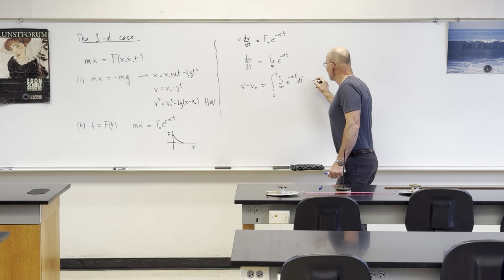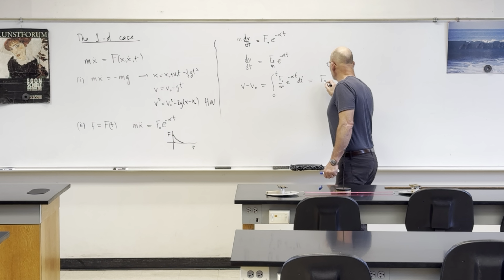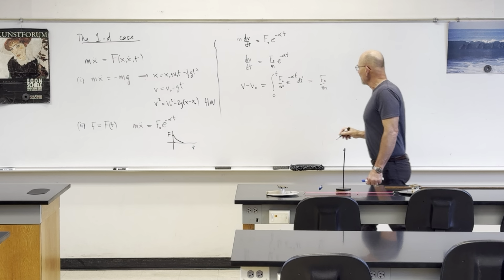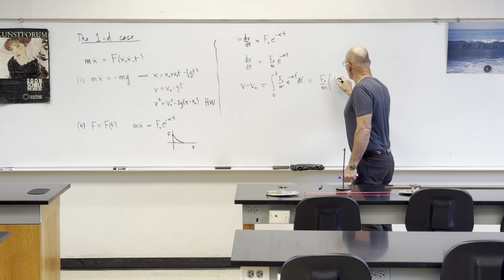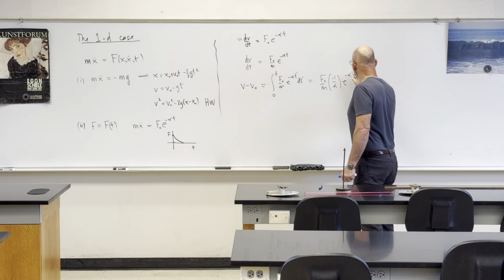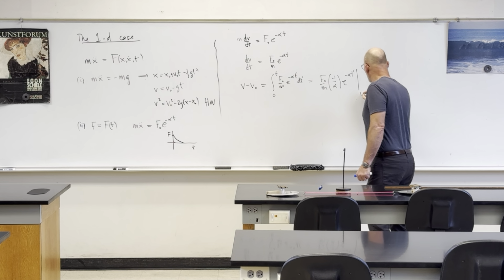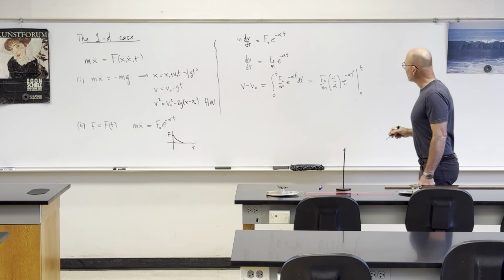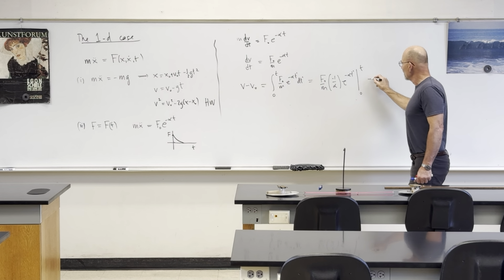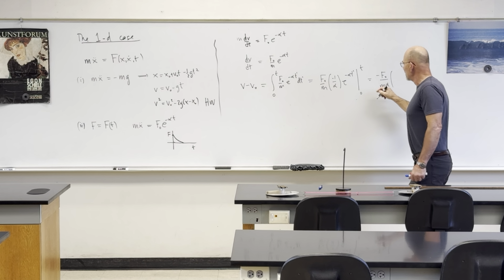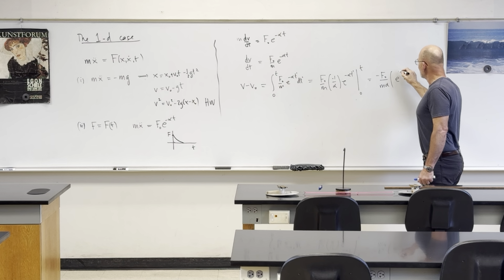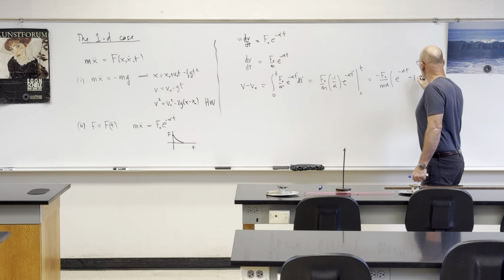And now let's go ahead and do the integral. And we just have that minus 1 over alpha e to the minus alpha t prime. Both boundaries, upper and lower, are important. We get minus f naught over m alpha, e to the minus alpha t minus 1.